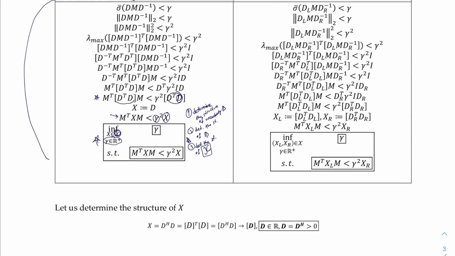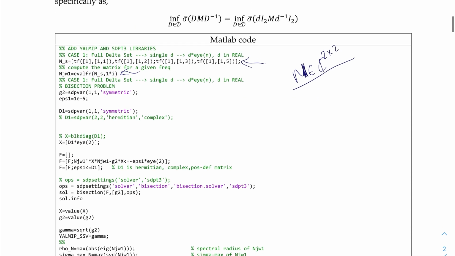So this is the basic algorithm that we need to implement.